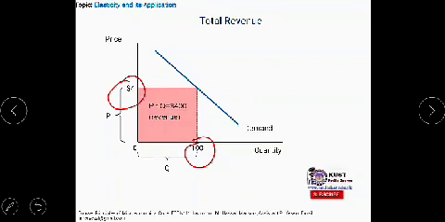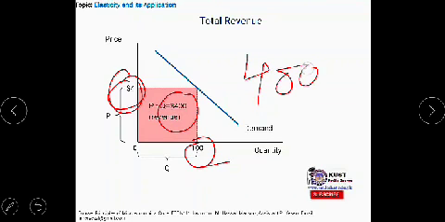As we have seen in the previous slides, the formula for total revenue is price multiplied by the quantity demanded. So if we multiply 100 with 4, that is equal to 400. So the total revenue that the firm is earning in this case is $400.